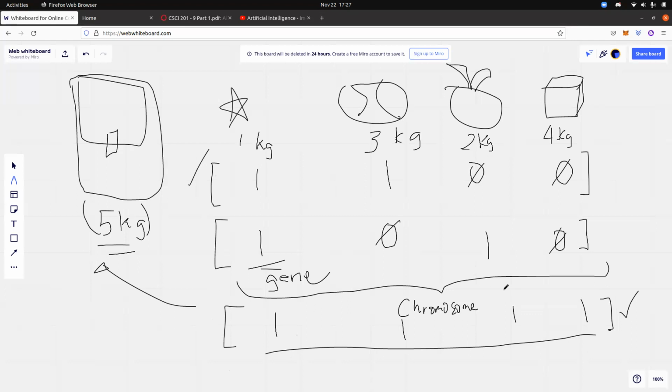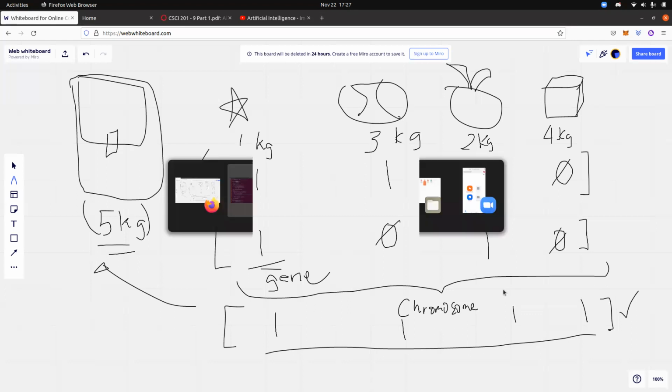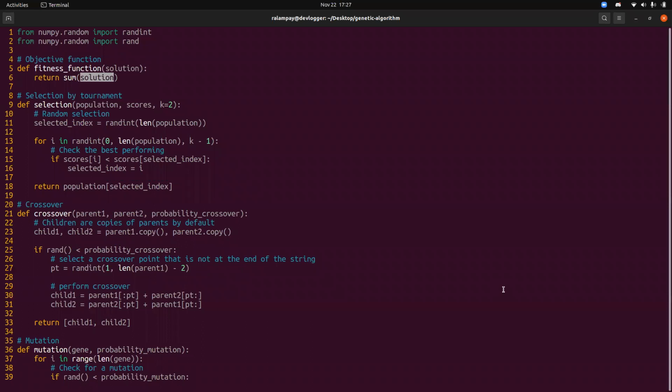Right? So we need to modify the fitness function. We need to do something with the fitness function so that it also gives a score that is not ideal if it does not meet the constraints of the problem. So how can we modify that in this particular example?